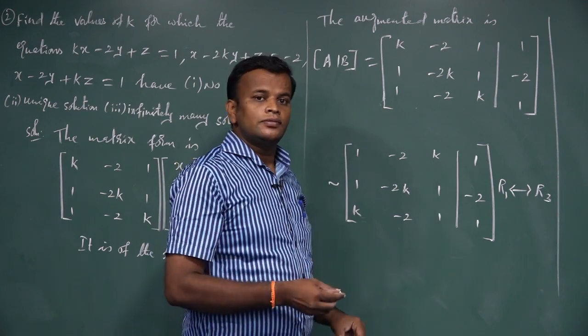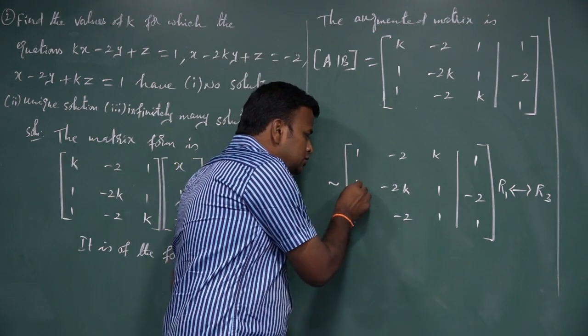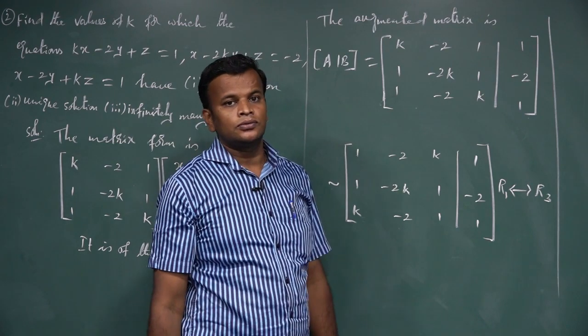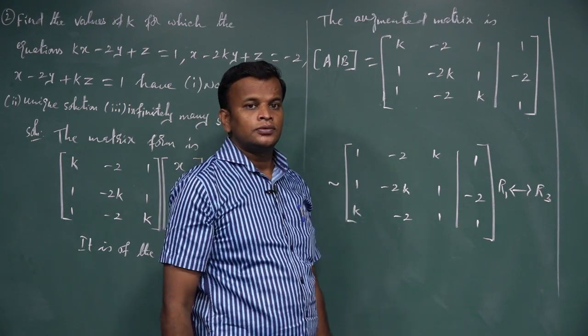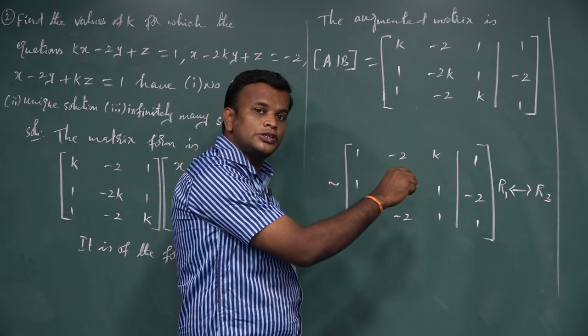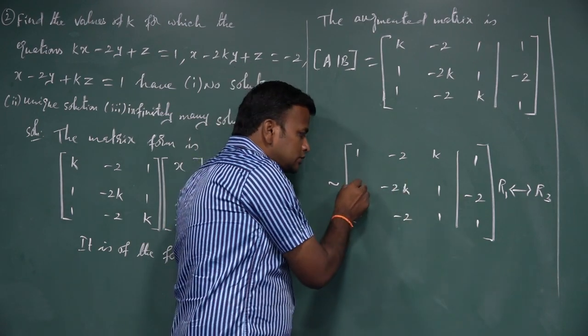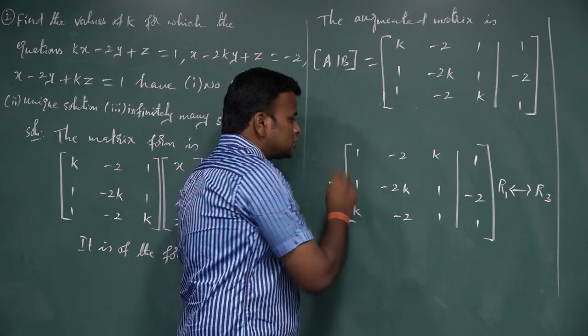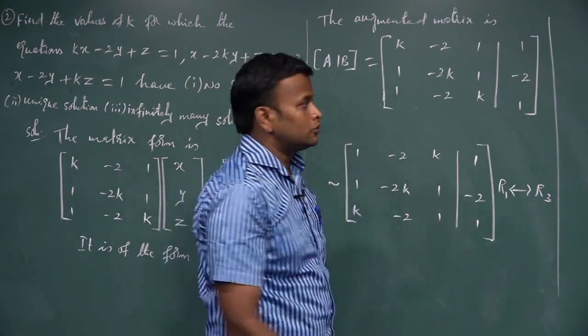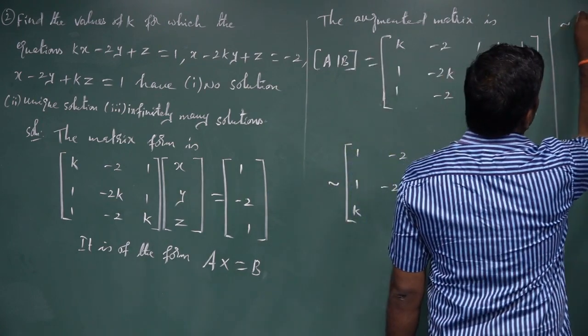What is the next step? To convert these two elements to 0. First we convert this element to 0. Do you have any idea? We see so many sums. Just R2 minus R1. 1 minus 1 becomes 0. So no change in the first row.